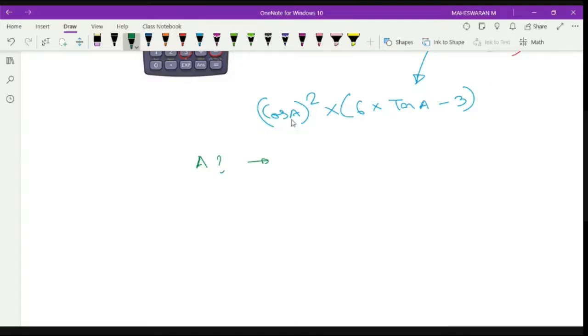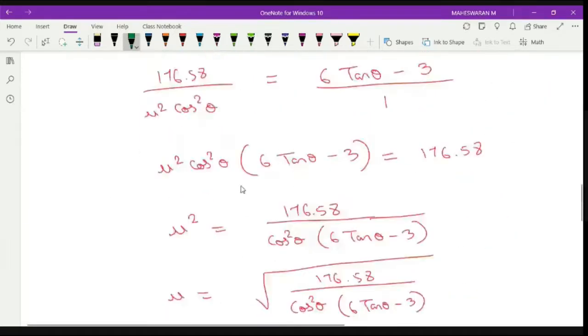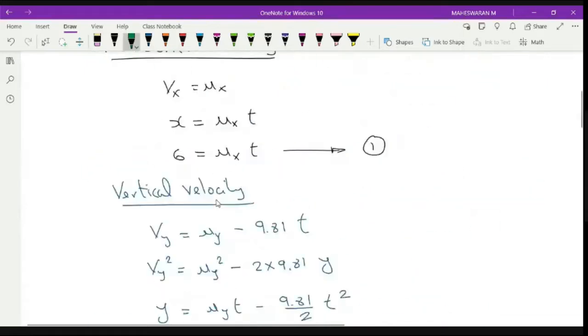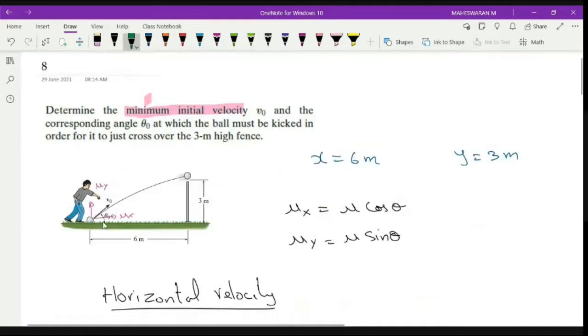You know that this angle theta, what we are discussing, is from 0 to 90. It won't go more than that. 0 means horizontal, which is not possible, and 90 is vertical, which is also not possible. So it will be in between these two.